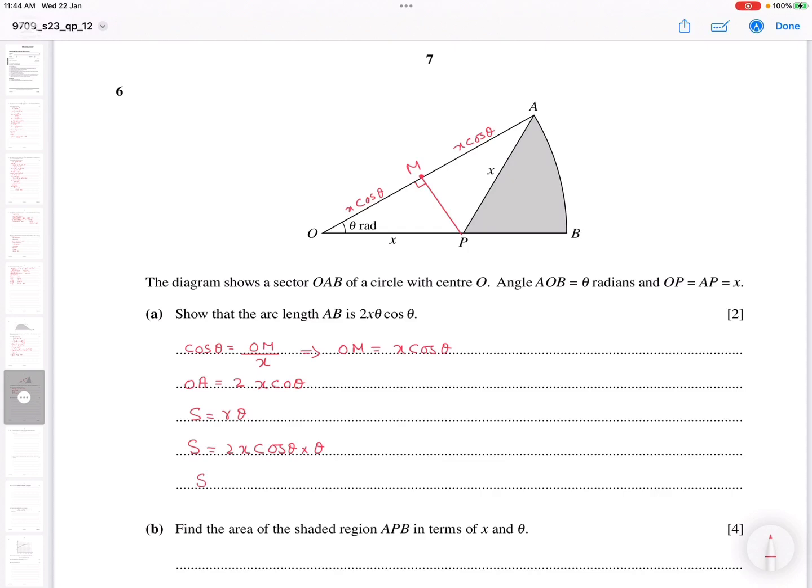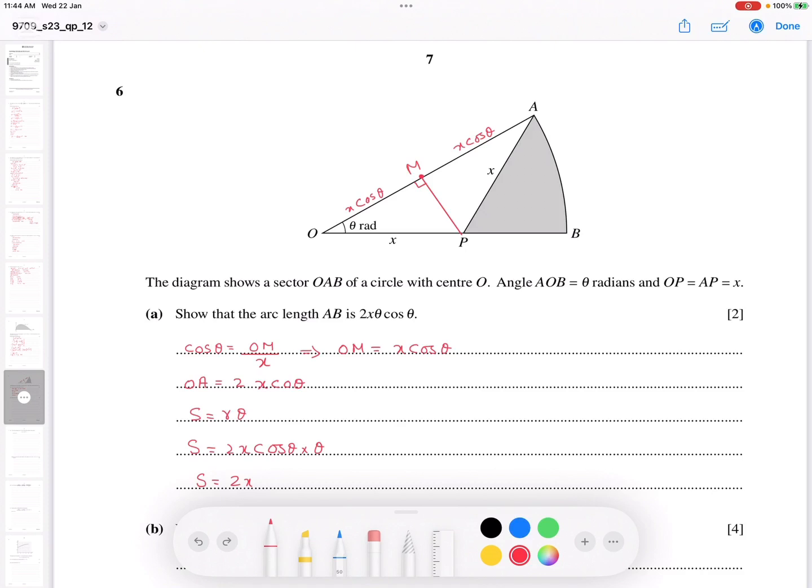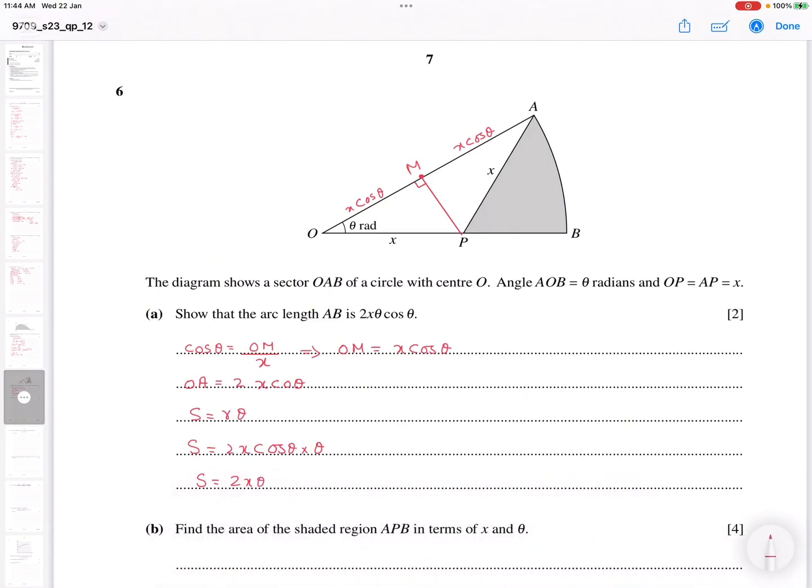So finally I will write S equals 2x theta cos theta, and I can write shown.